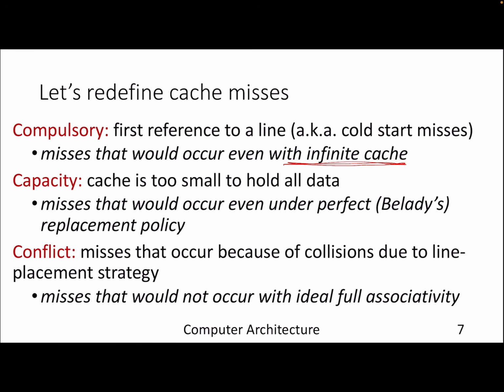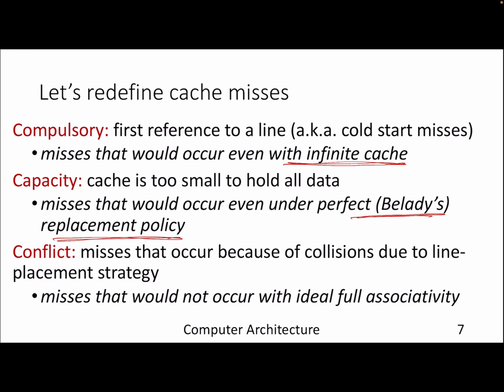So capacity miss is interesting. It says, even if you have a perfect Belady replacement policy, you will still get a capacity miss, right? As I've mentioned in the initial slides, capacity misses are the misses because of the size constraint.